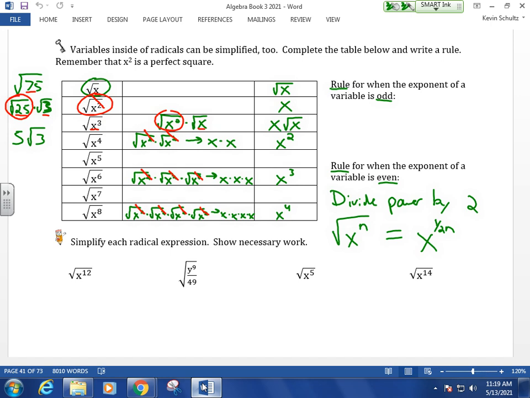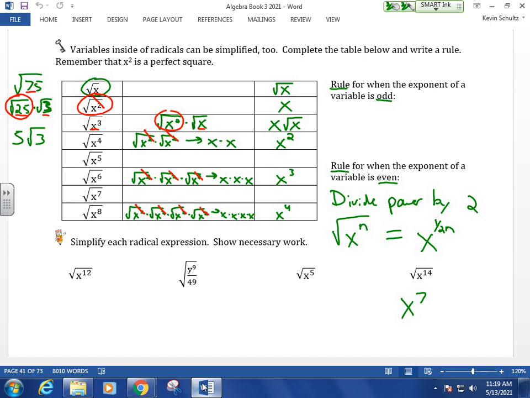If you like the words, you're essentially dividing the power by 2. So when we have something like the root of x to the 14th power, I don't want to have to write that all out in this big old table here. We've got a rule now. What is the root of x to the 14th power going to equal? X to the 7th. There you go. Okay? Follow so far? Yes. All right.